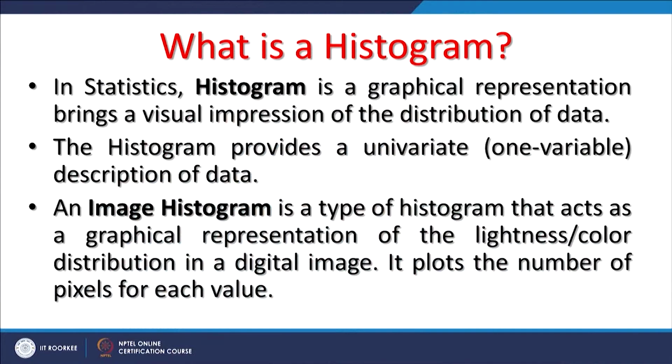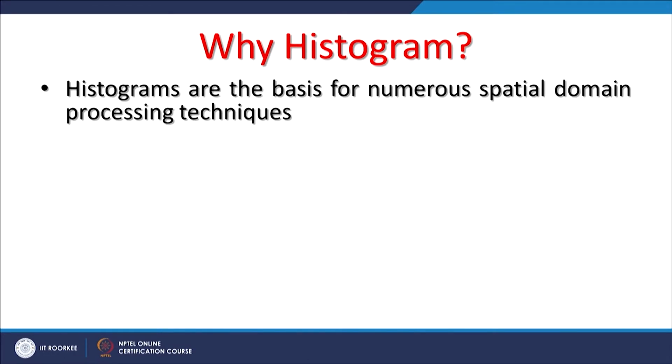An image histogram is not only a graphical representation, it also tells you whether there are lighter or darker objects present in the image, and it plots each pixel of that image.